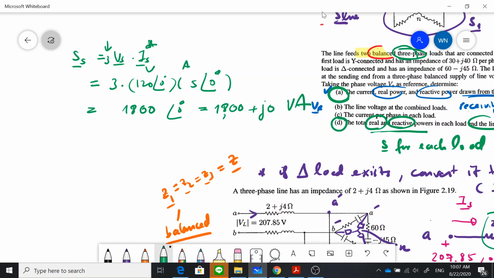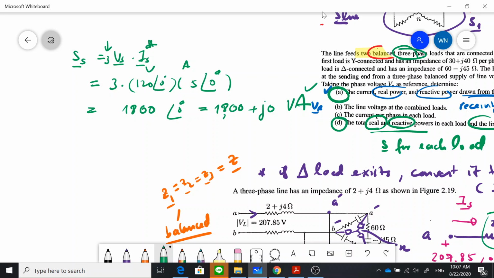Meaning that the complex power supplied by the source is 1800 VA, or you could say that this is 1800 watt or 1.8 kilowatt. You just have the active part. This is question A.